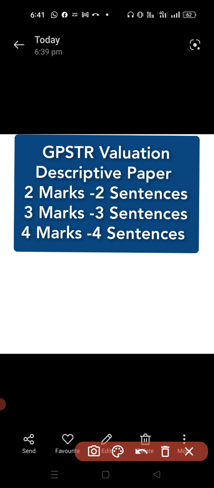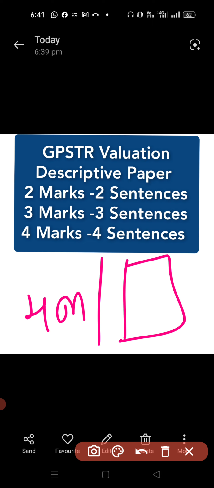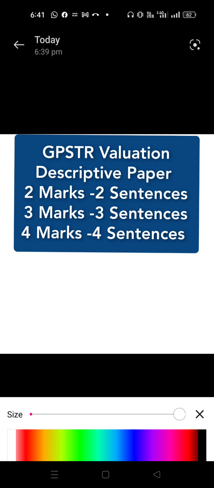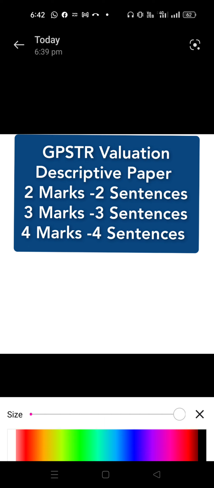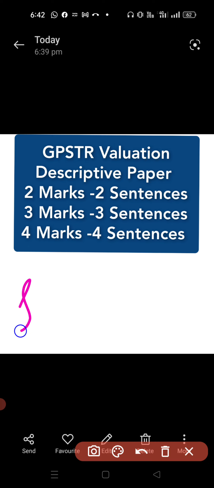For example, suppose they want to give you 4 marks in the normal degree examination, you should write at least 1 page of answer. That is totally different from the competitive examination. Now how are the marks going to be allocated here? For a 2 marks question, according to the notification, they are not interested in your answer in sentences or pages.